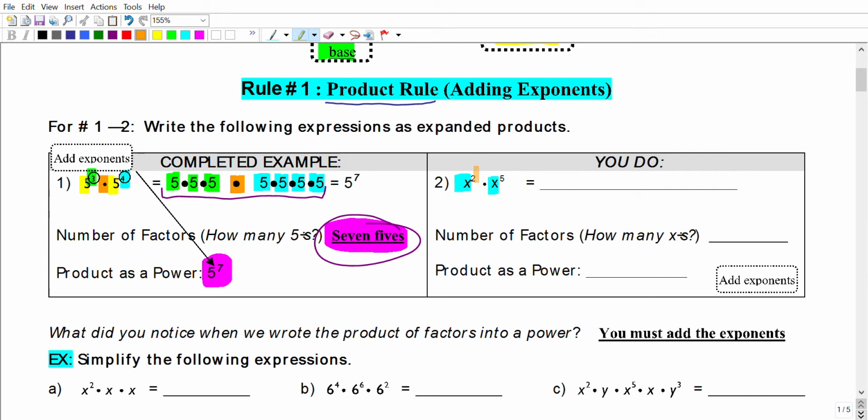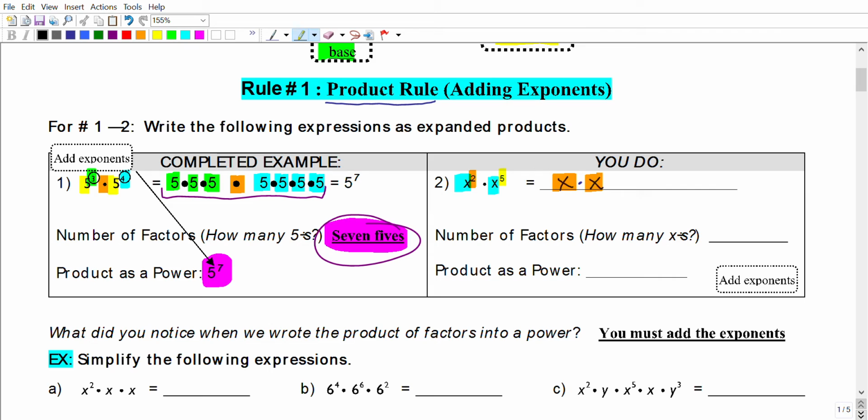Here I have 2 x's, and here I have 5 x's. So let's write those down: 1, 2 x's. Let me highlight those so you can see where I'm getting those x's from. That's from my original x to the second power.